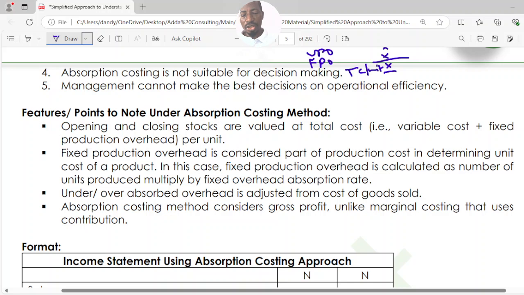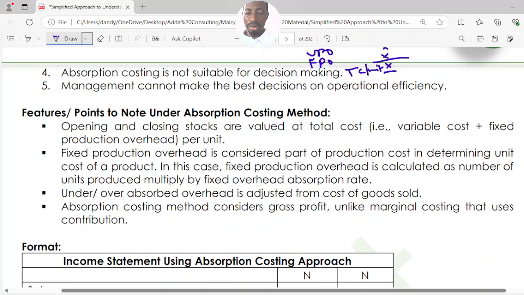Based on the definition, the fixed production overhead is part of production cost. You have to include it as part of production cost. However, in this case, the fixed production overhead is calculated as the number of units produced multiplied by the fixed overhead absorption rate. The fixed overhead absorption rate will be given to you.